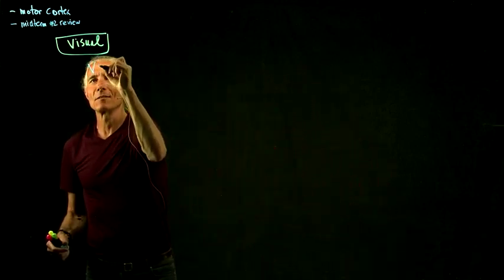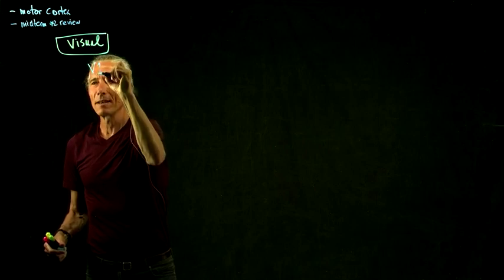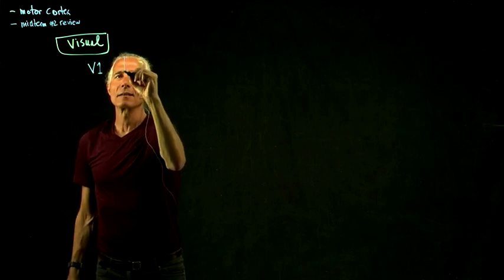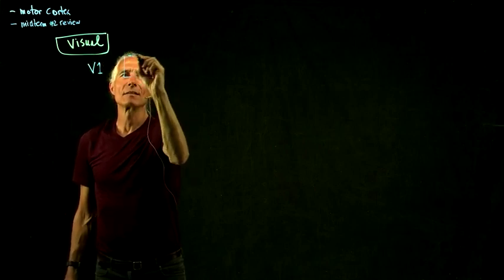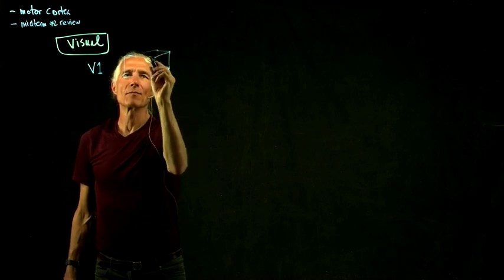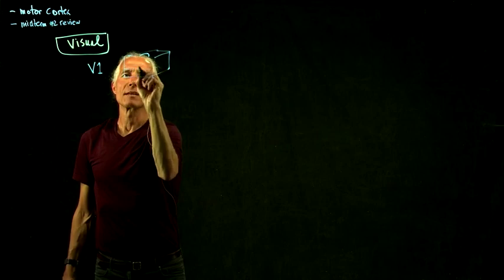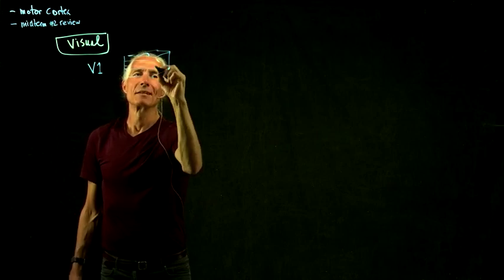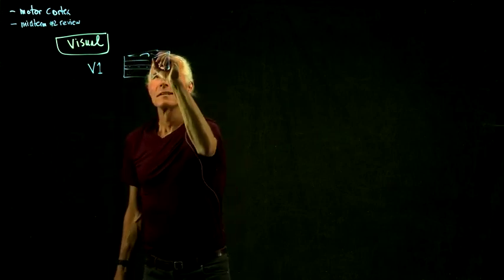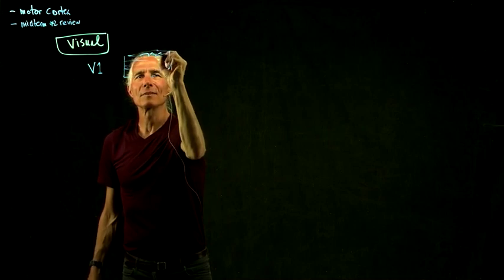We did a lot in V1, and we looked at all these different areas in V1, like the blobs, and there are several layers here, and there are orientation columns.